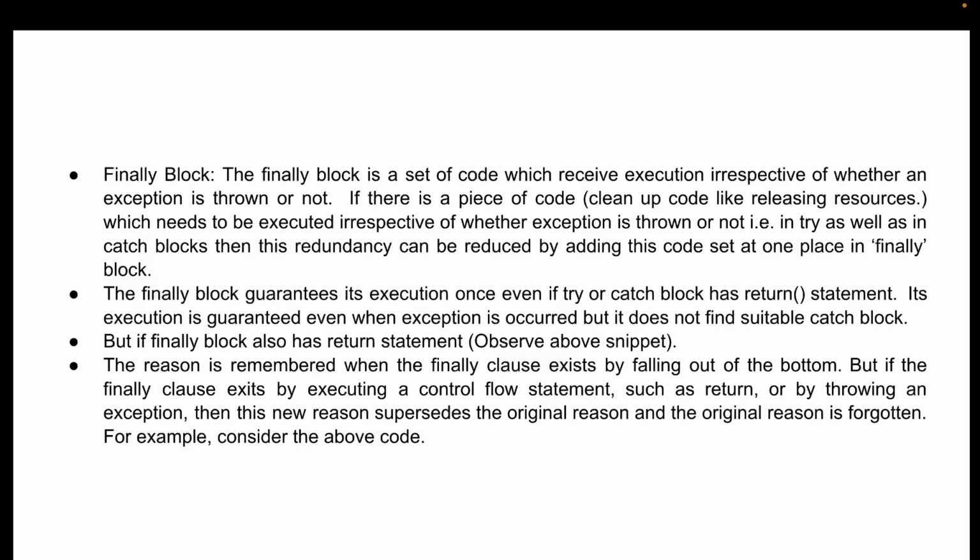But if the finally block also has a return statement, observe: the reason is remembered when the finally clause exits by falling out of the bottom, but if the finally clause exits by executing a control flow statement such as a return or by throwing an exception, then this reason supersedes the original reason and the original reason is forgotten.